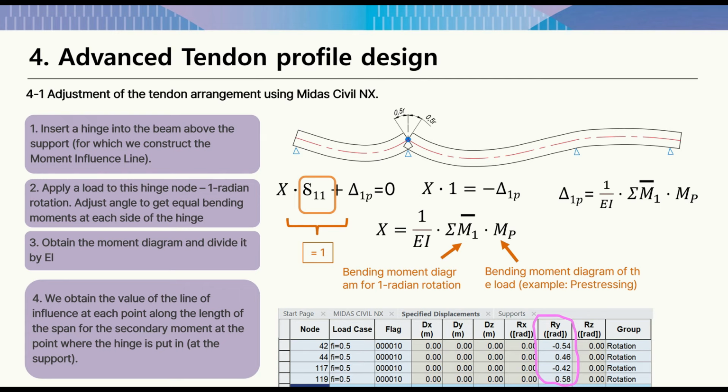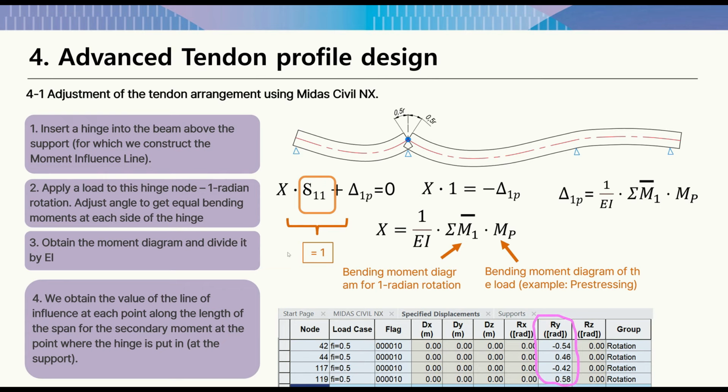So firstly, we apply 0.5 radian to one node and 0.5 radian to the next node, which are very close to each other. Secondly, we calculate the difference in bending moment at the section where we applied the rotation. And thirdly, find the proportion concerning the angle. So in my example, final rotations are depicted here. They are about 0.5.